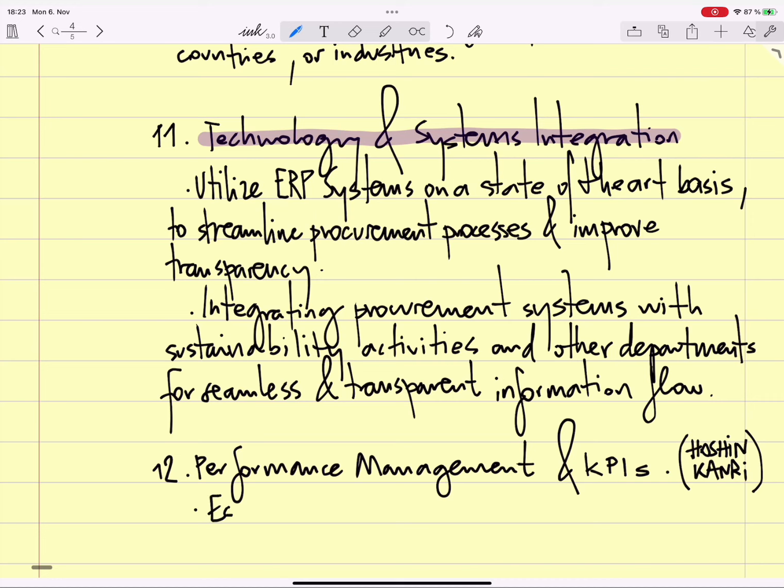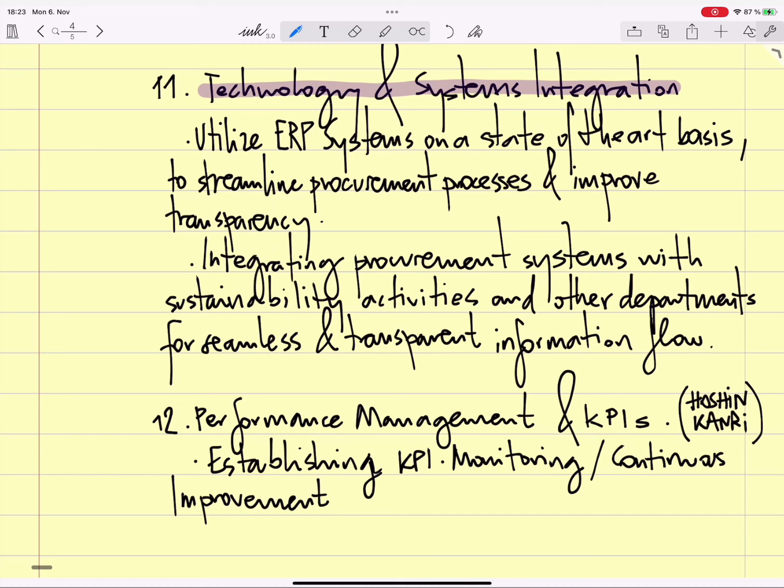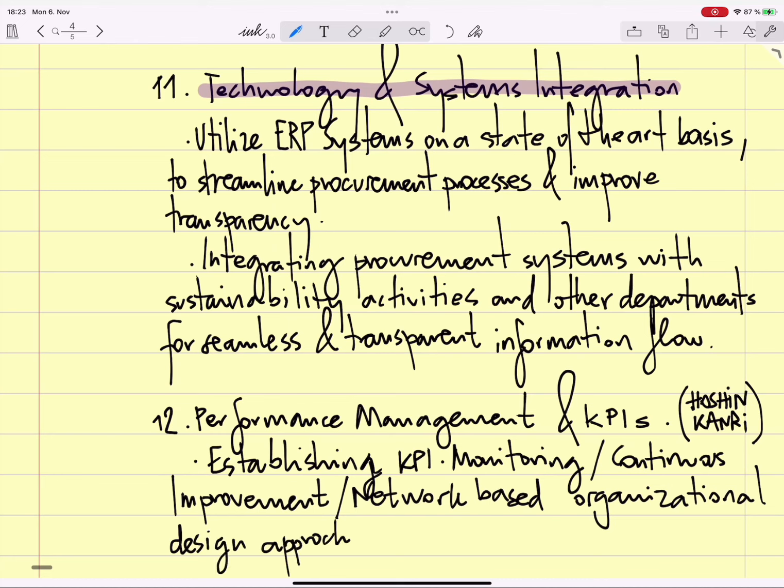You establish KPI monitoring, continuous improvement, network based organizational design approach in the purchasing processes. Okay.